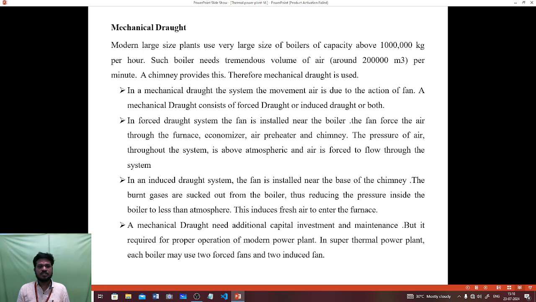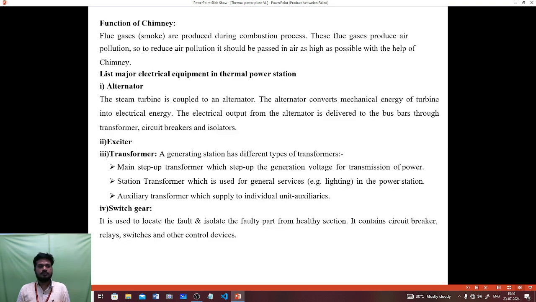In mechanical draft, the air is moved by the action of a fan. The mechanical draft consists of a forced draft. A mechanical draft needs additional capital investment and maintenance, but it is required for proper operation of a modern power plant. In a super thermal power plant, each boiler may use two forced fans and two induced fans.